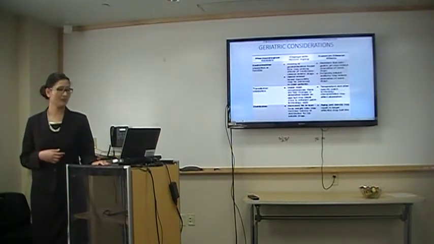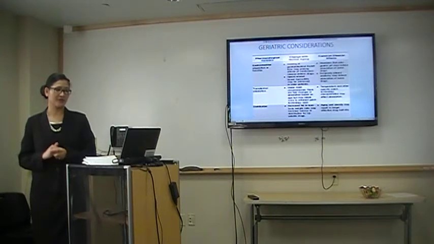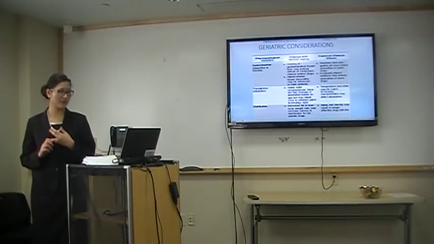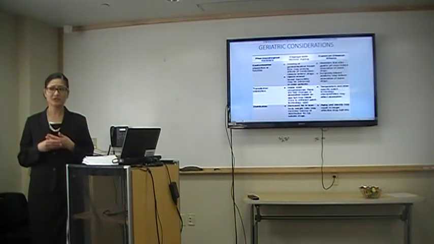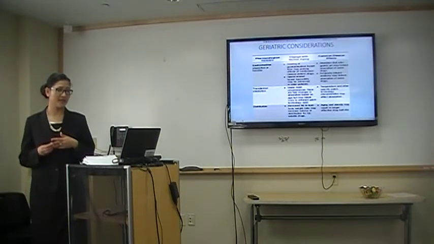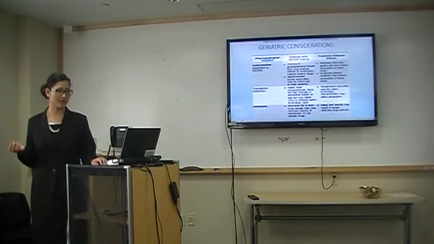Again, considerations why we have to be more careful with our geriatric patients is because there are definitely some changes with normal aging. So there's less GI absorption and function, there's also less transdermal absorption, and then in terms of distribution, there's increased fat to lean body weight ratio, and this increases the volume of distribution for some fat soluble drugs.